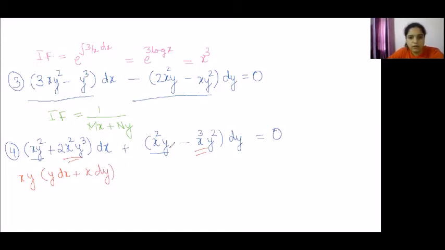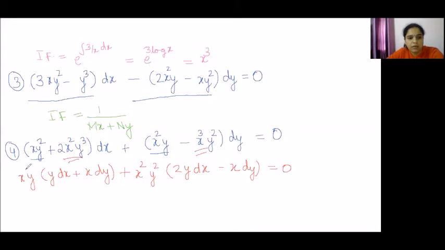Now come to this one, plus x square y cube, minus x cube y square. So we can take x square y square common. We will have 2y dx, and here we will be left with minus x dy equal to 0.